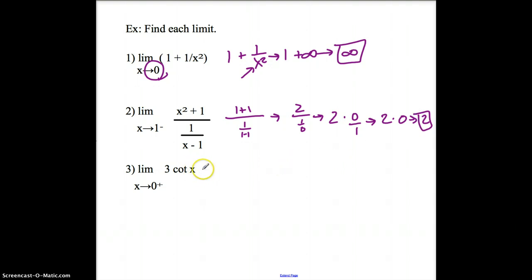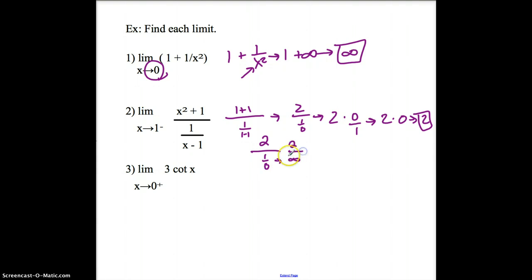And then 3 cotangent x. Oops, sorry. Back the truck up. I wanted to explain another way to think about this. So the 1 plus 1 can be 2. And then 1 over 0, you can think of that as approaching infinity.